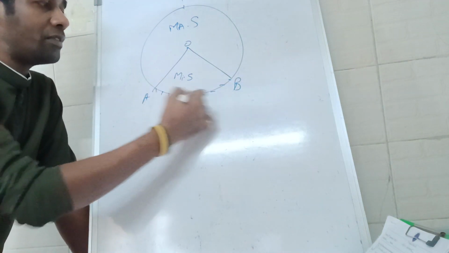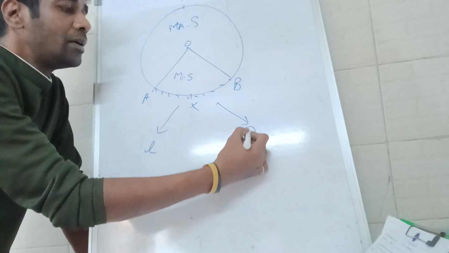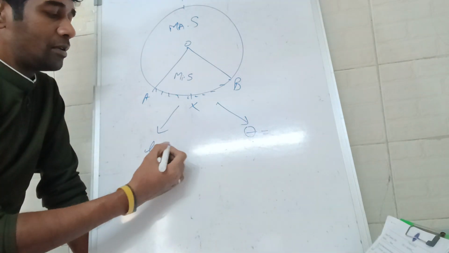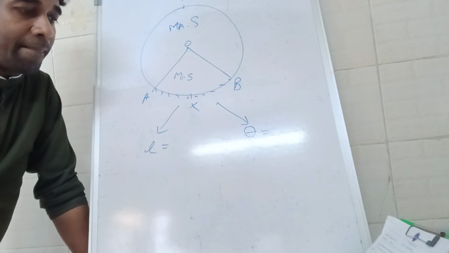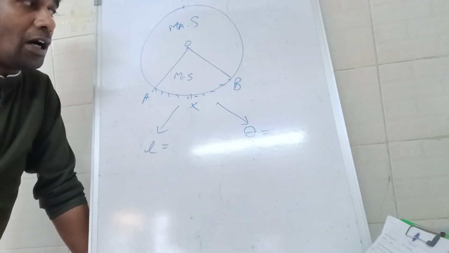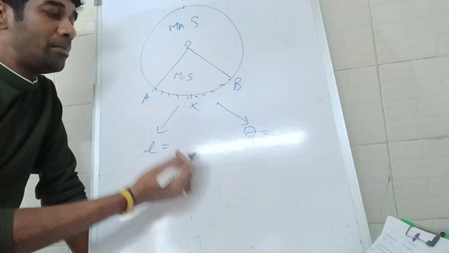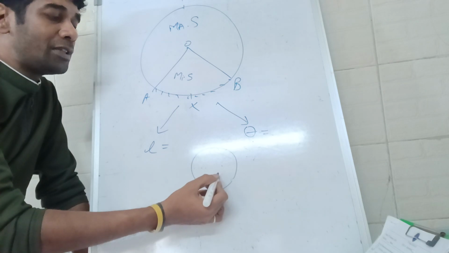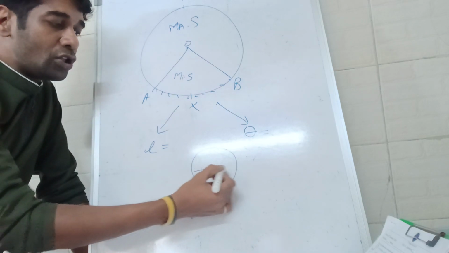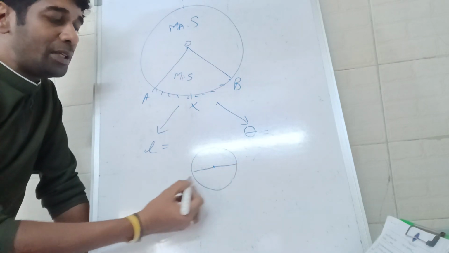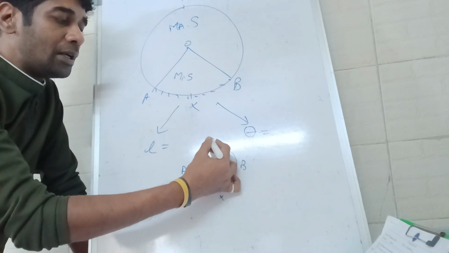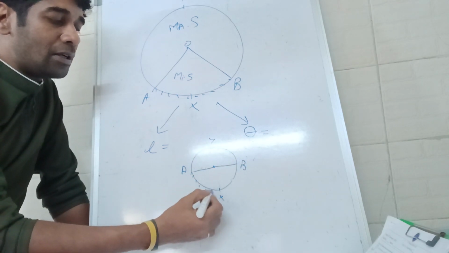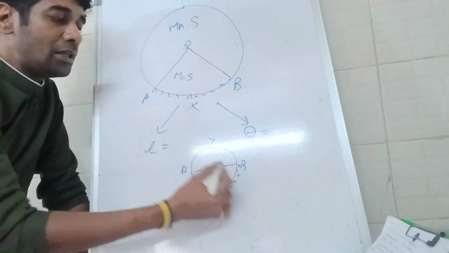We have the length of the arc, we also have the measure of the arc. Now here we have been told to find the measure of the arc which is neither minor nor major. So the circle has to be in this shape: A, X, B and this is Y. So this is a semicircular arc on either side.